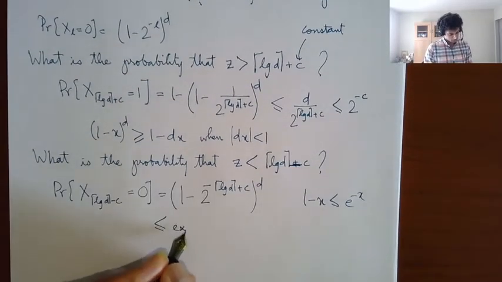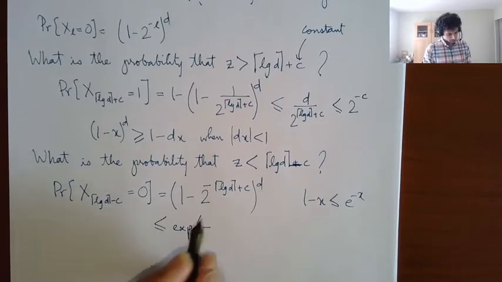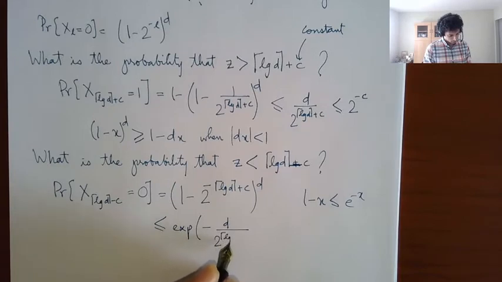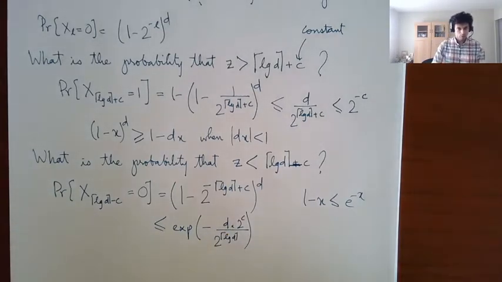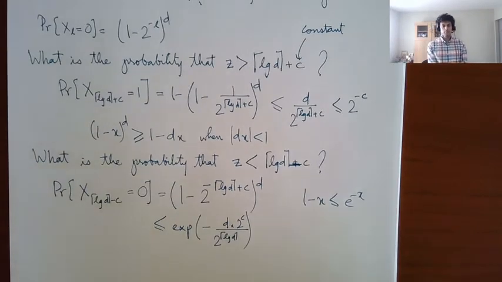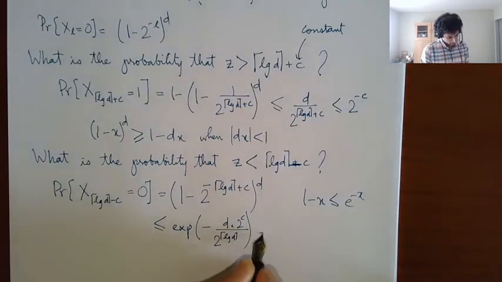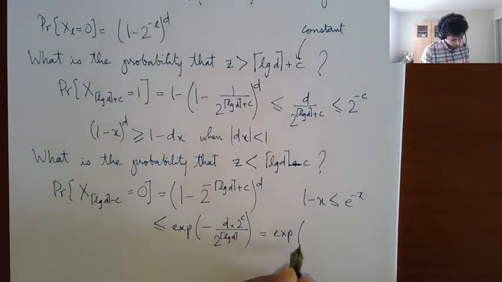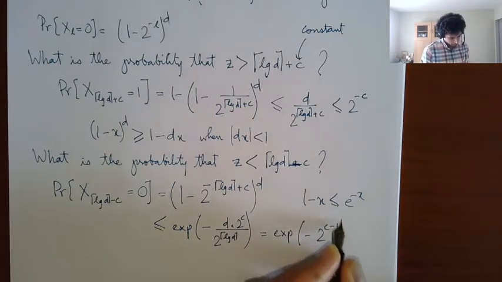So I get this is at most e to the minus D divided by 2 to the log D times 2 to the C. And I can write this now as at most e to the minus 2 to the C minus 1.